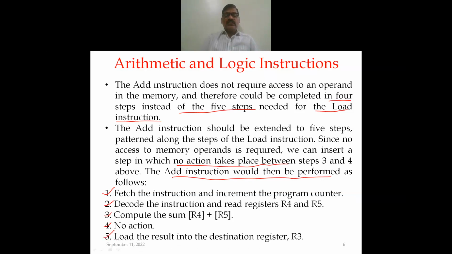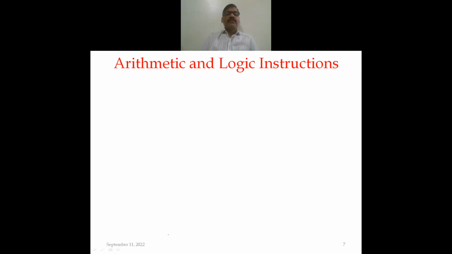Then the fifth step is loading the result into the destination register R3. So we have rewritten the 4-step execution of the add instruction into 5 steps, because we are adding a no-operation step wherever it is suitable.